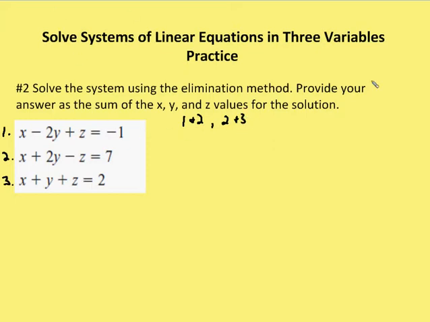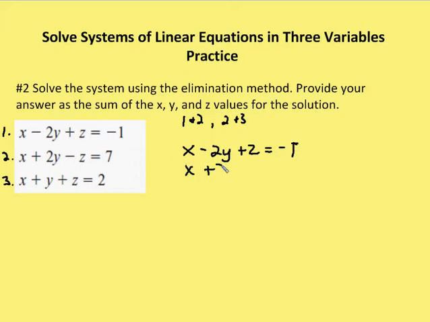So let's start with 1 and 2. I'm going to line them up. I have x minus, and I don't need to multiply them by any constant because I can eliminate the z values on their own. That is equal to negative 1, from the first equation.